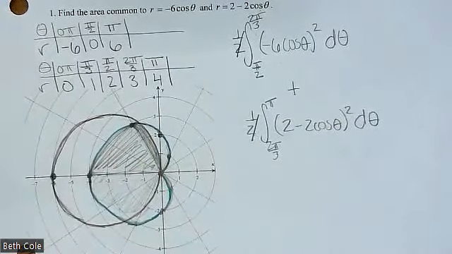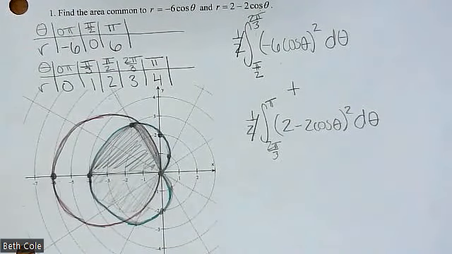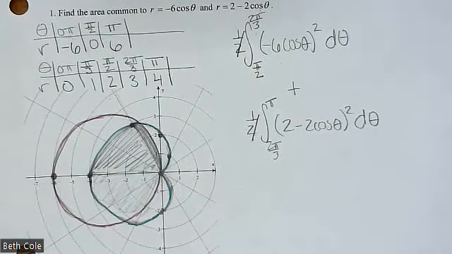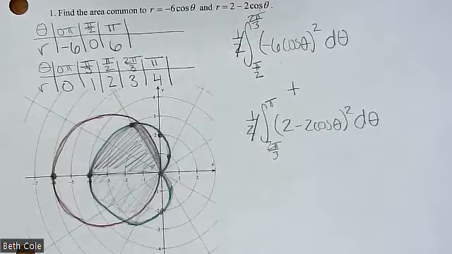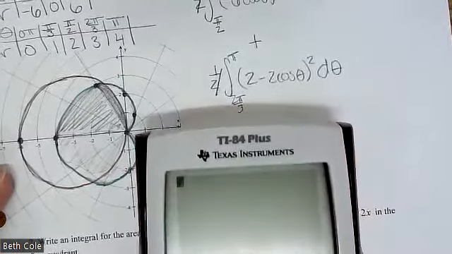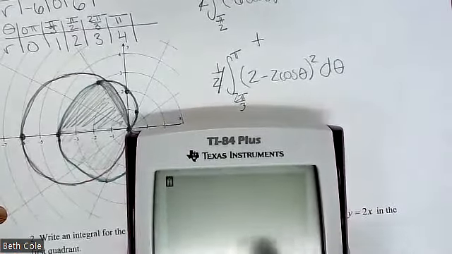It's like, do you remember the clover ones? If you wanted the whole thing, you would find one petal. You would just do one petal and then multiply it by however many petals you have, kind of similar. So just don't type the 1/2.